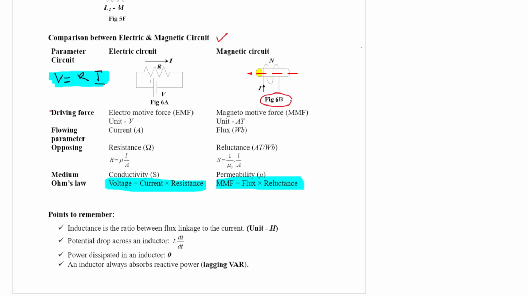Who is the driving force in case of an electrical circuit? It is the electromotive force, EMF, or simply voltage. In case of a magnetic circuit, it becomes the magnetomotive force, MMF. The unit is ampere turn.